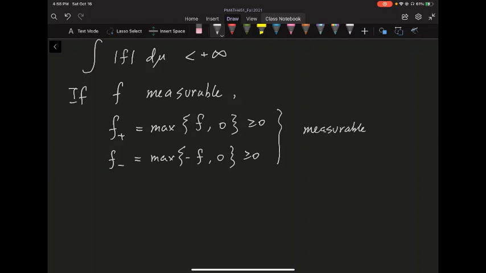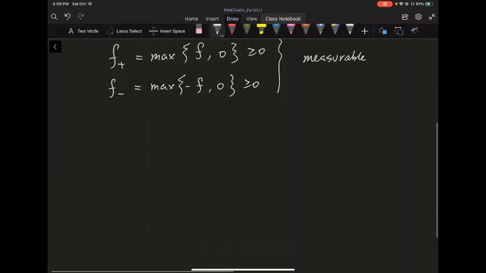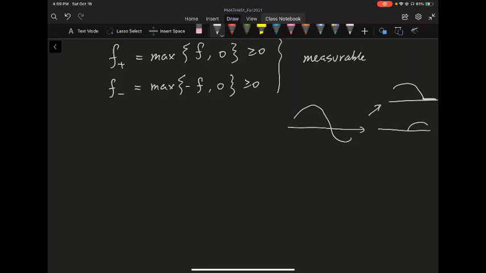And another thing is that if you draw a picture, I have some positive part and a negative part. The positive part is like that, you replace the rest by 0, and the negative part is just the negative of this part, okay? I may change the color, so you do the negative of that, and otherwise it's going to be equal to 0. Based on this picture, and some easy exercise, you can convince yourself of the following.